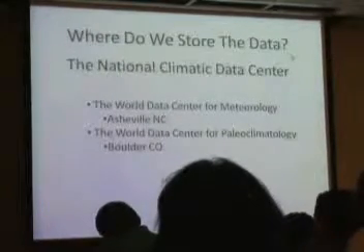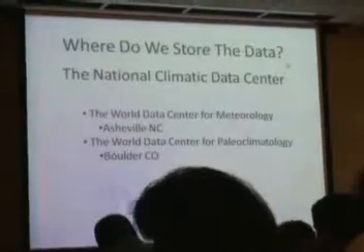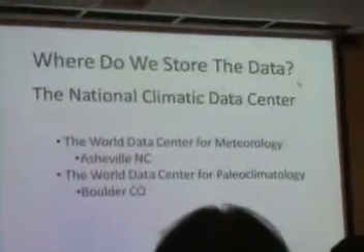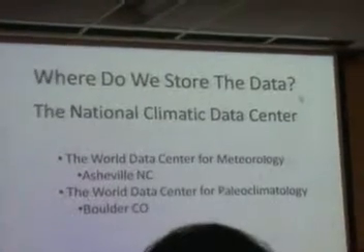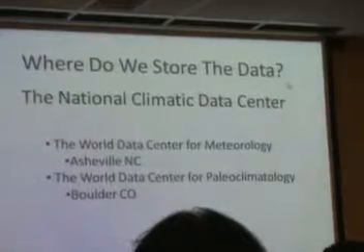That's about 3 hours from here. And they've got huge, huge rooms full of computers and things, and they store all the meteorological data. And they also run the World Data Center for Paleoclimatology. That's the stuff that we couldn't directly measure, the stuff that we had to go back and figure on, and that's out in Boulder, Colorado.